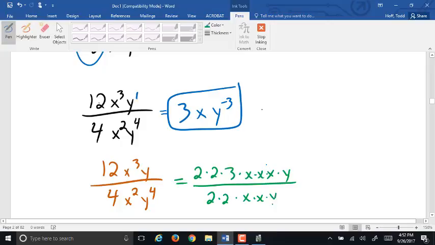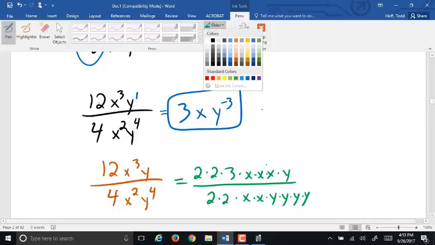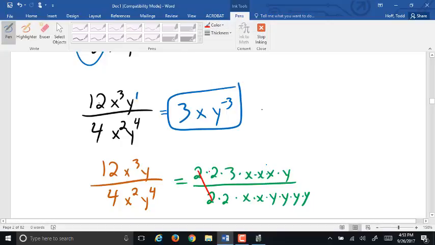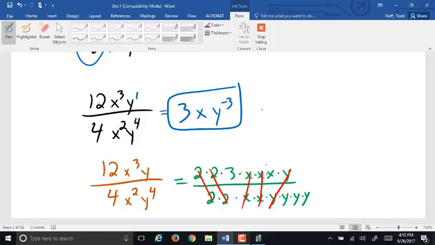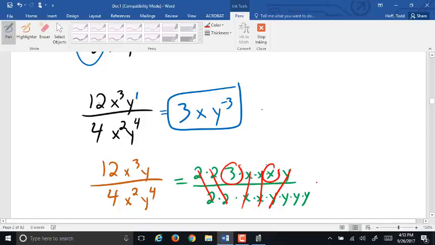X squared is going to be 2 x's. Y to the 4th is going to be 4 y's. And we cancel out the 2's. We can cancel out 2 x's. We can cancel out 1 y. We're left with 3 times x on top, which is 3x. On bottom, y times y times y is y to the third.